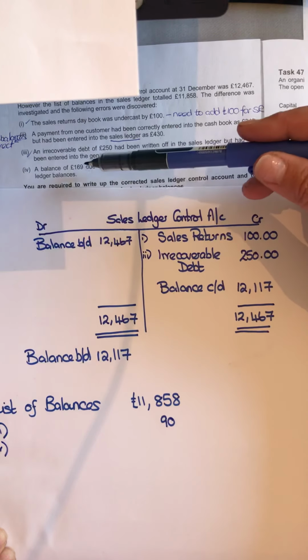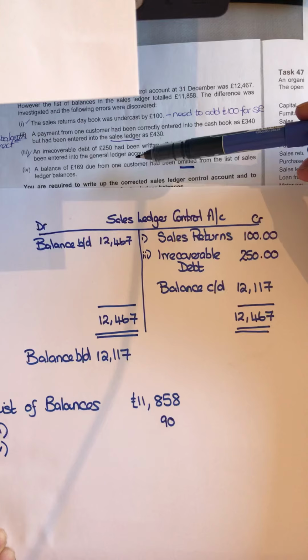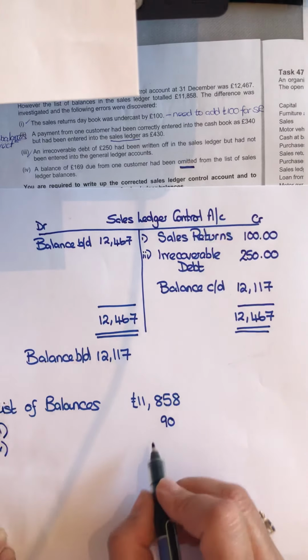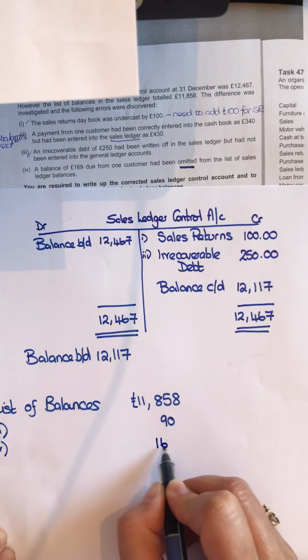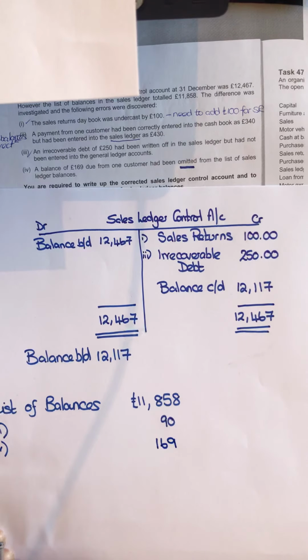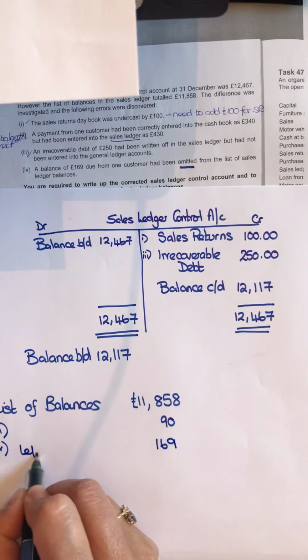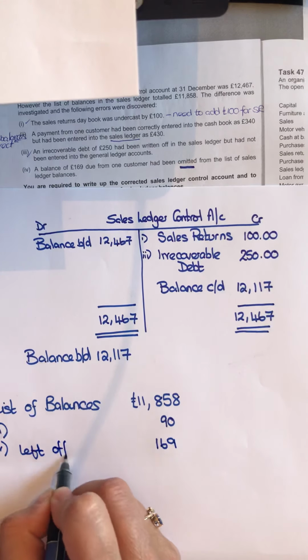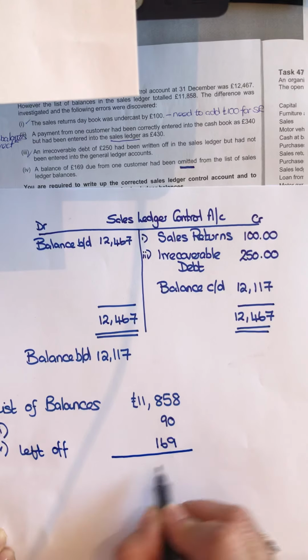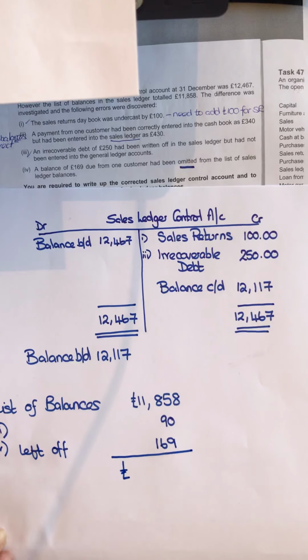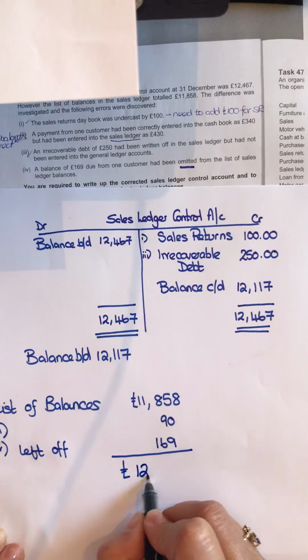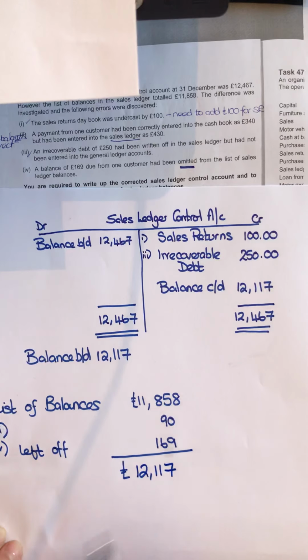So if we've got a balance from a customer that's owing to us, we need to also add that to our list of balances. Okay, it was left off. So then we need to add these up. And we find that we've got £12,117 that's owing from our customers.